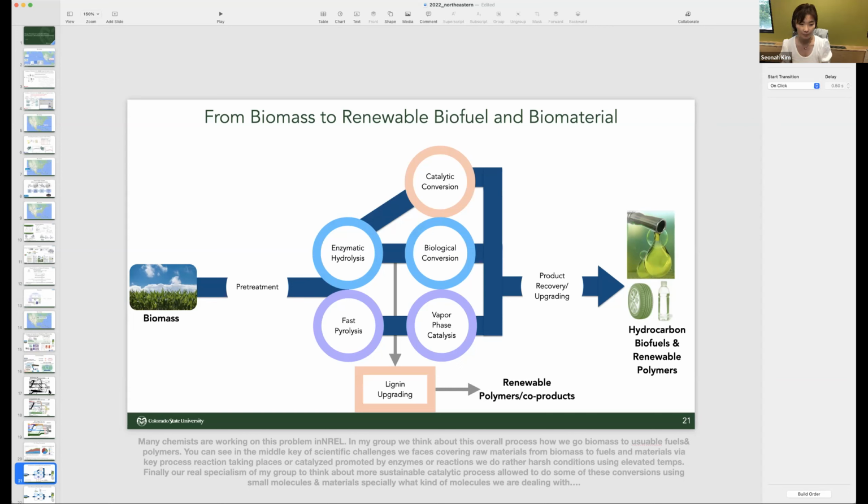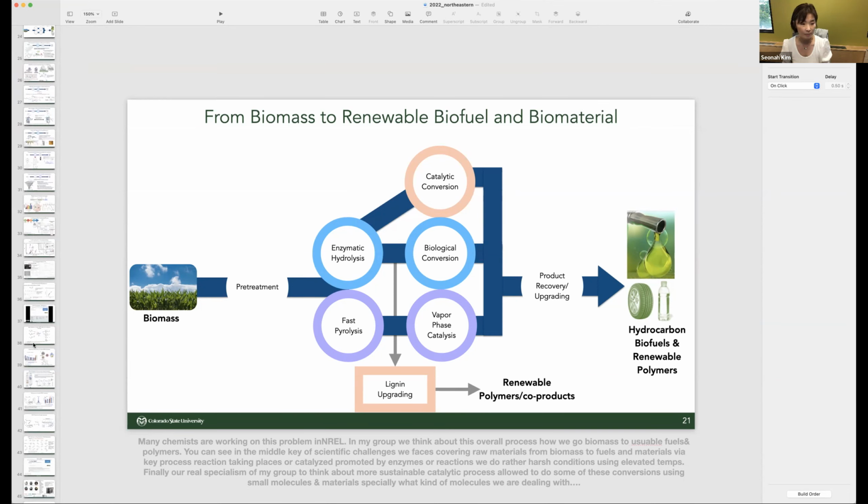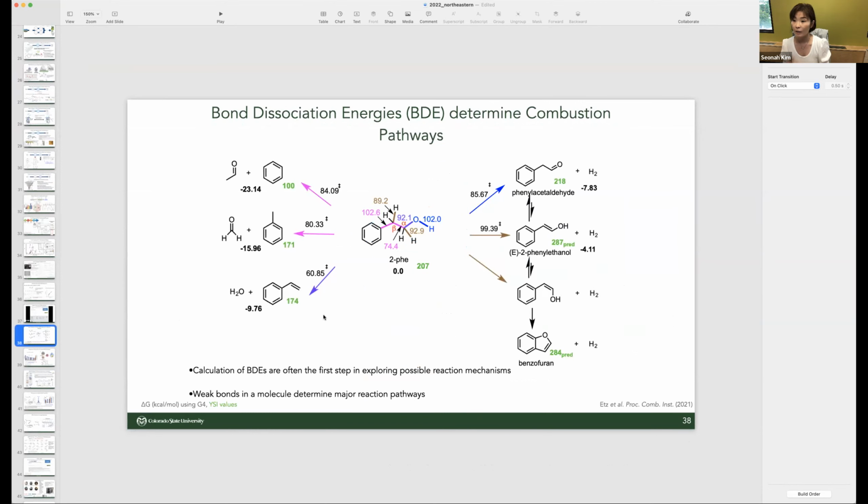I don't want to go into that much detail, but one example I want to share with you is bond dissociation work. This is very important in combustion and also in drug chemistry and drug design. Calculating each BDE is easy.